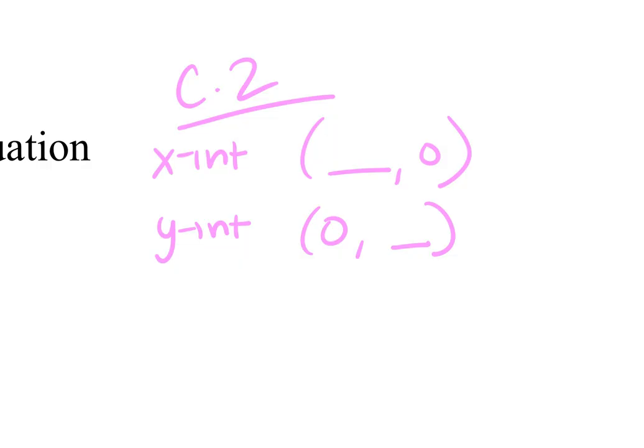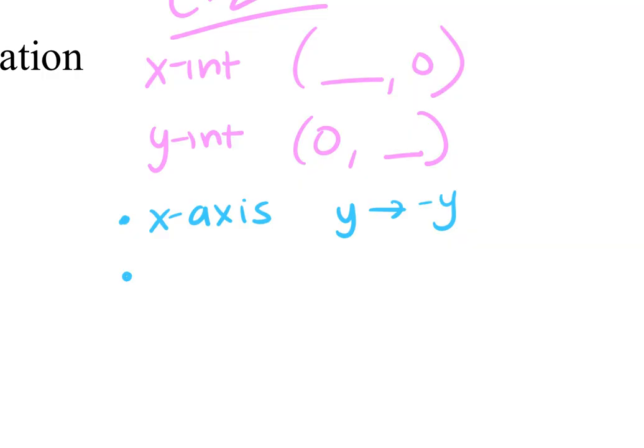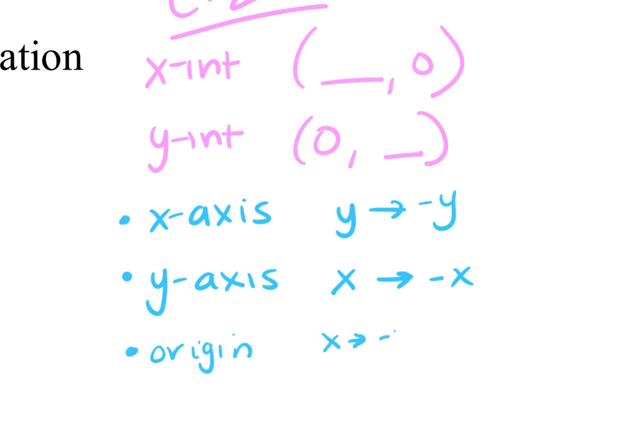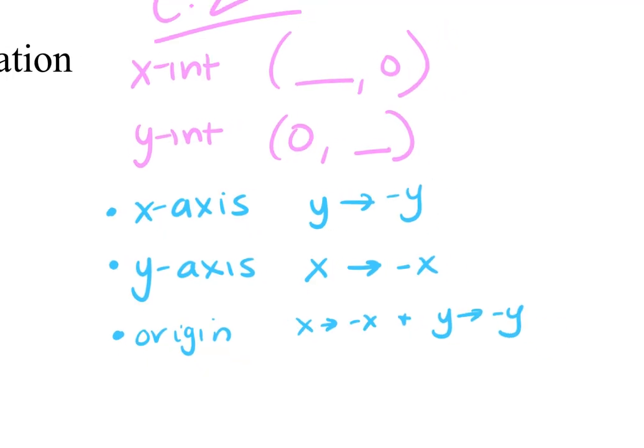To test for x-axis symmetry, we change the y to be a negative y. To check for y-axis symmetry, we change the x to negative x. And to test for origin symmetry, we do both. X goes to negative x and y goes to negative y.